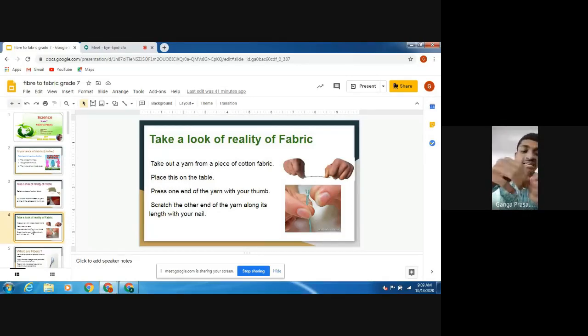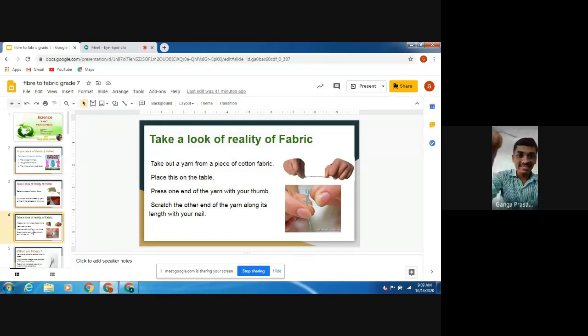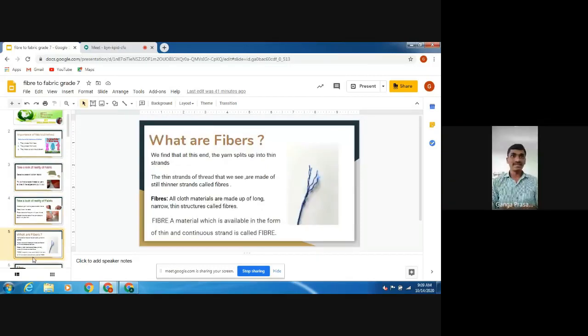So those small thinner strands are called fibers. Yeah, fiber. Right? So what are fibers? A cloth material, see, it is a cloth, right?